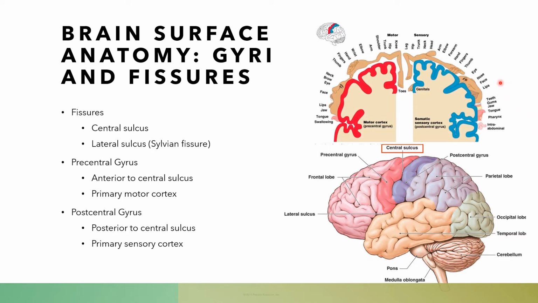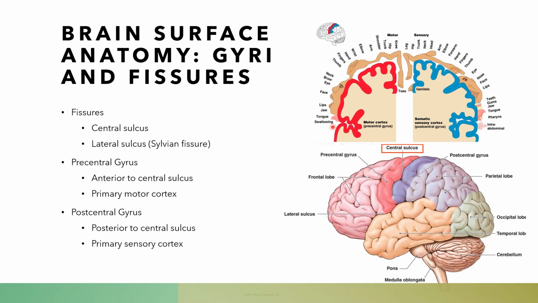And this picture here, this is what is called a homunculus. This is your motor homunculus, your sensory homunculus. And this just indicates which parts of the brain, specifically the precentral gyrus, is allocated to which parts of the body.